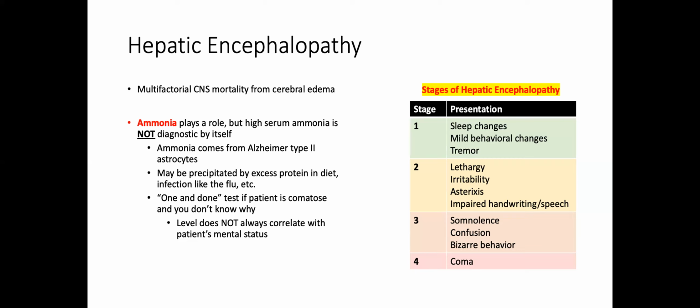So the way that you need to diagnose hepatic encephalopathy is by their presentation. We have 4 stages, and as they get worse, we diagnose hepatic encephalopathy by their mental status change. So if a patient has cirrhosis and they're starting to have mental status changes, think encephalopathy.